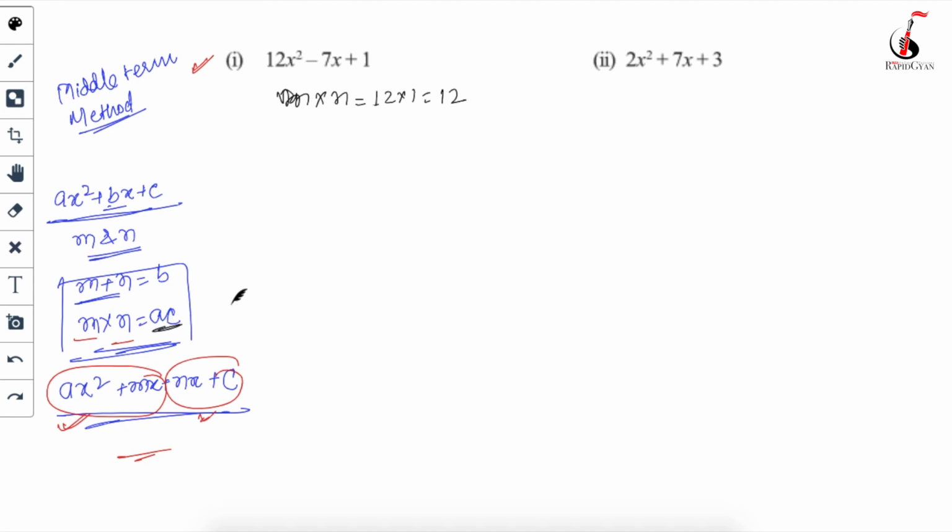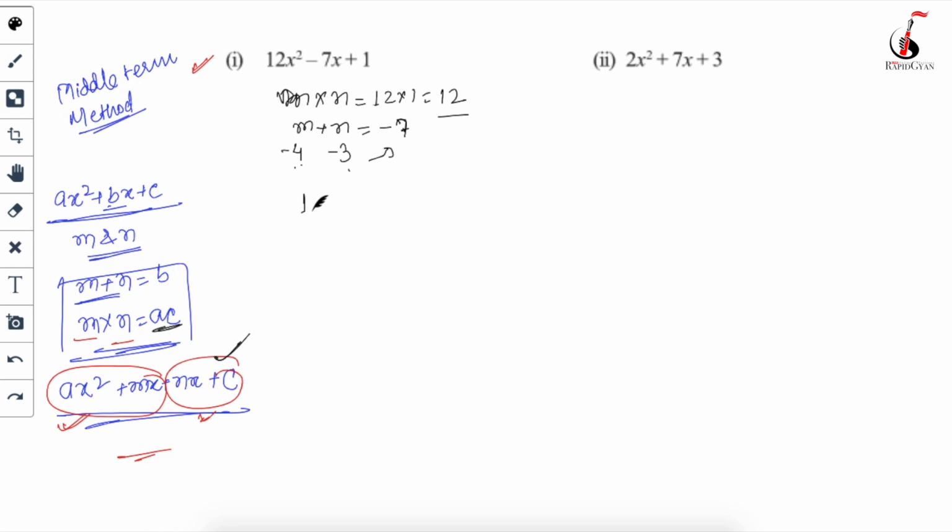And m plus n should be equal to b, which means m plus n should be equal to minus 7. So how are we going to do that, beta? We know that m will be minus 4 and n will be minus 3. So see here, m plus n means minus 4 minus 3 is minus 7, and 4 times 3 is 12. Simple.